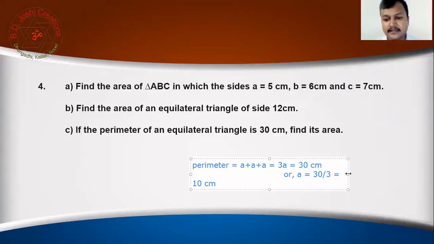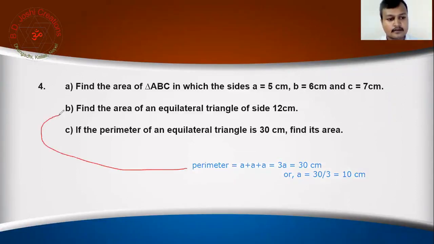And if we know the length of the side of an equilateral triangle, as in question number B, we can use the same formula: area of equilateral triangle is equal to root 3 by 4 A square.